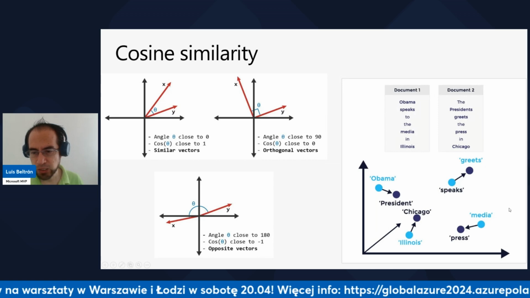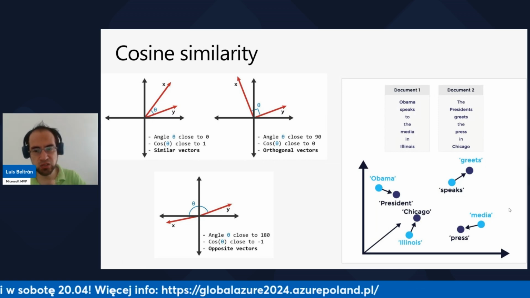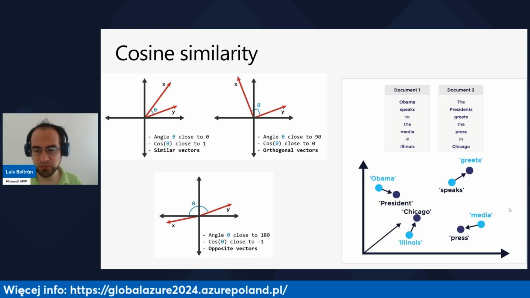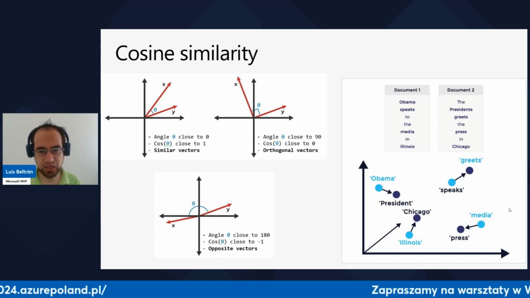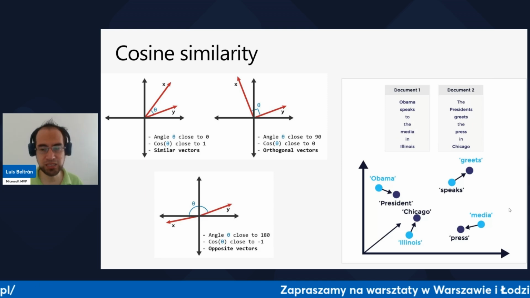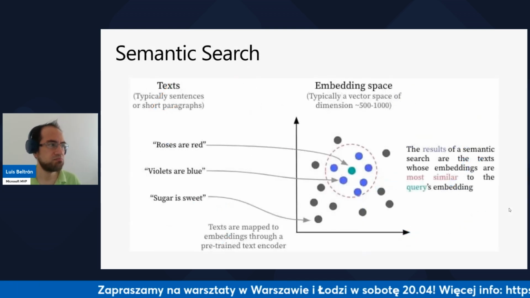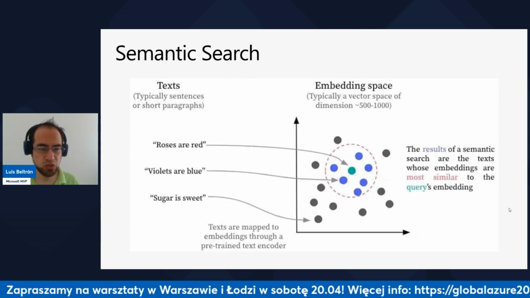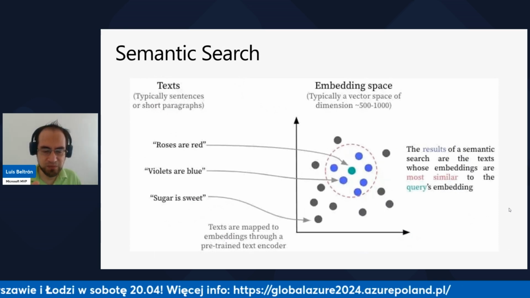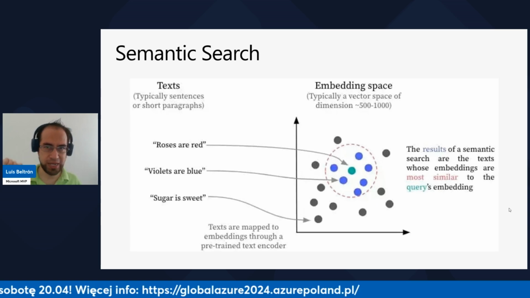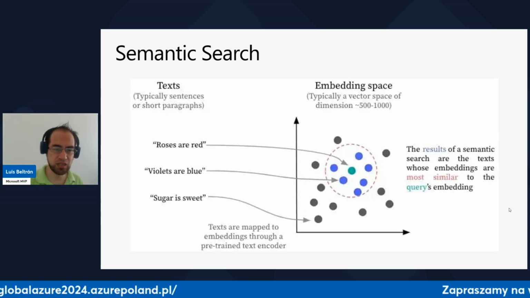So if two texts are similar, the vector representation will also be similar. And the embeddings correlate the elements with semantic similarity. And that's why it is recommended to use something called semantic search, because that one doesn't look for exact words, but instead for words that are similar.